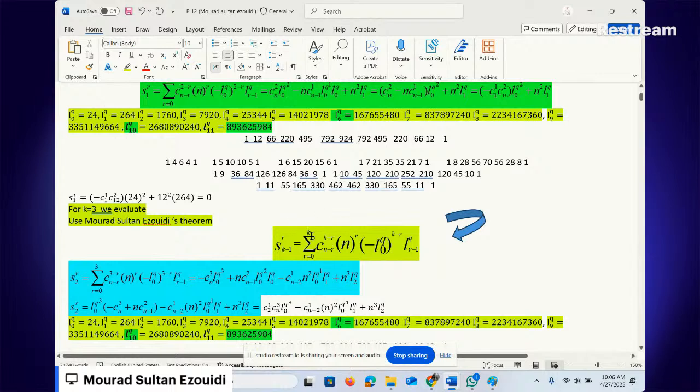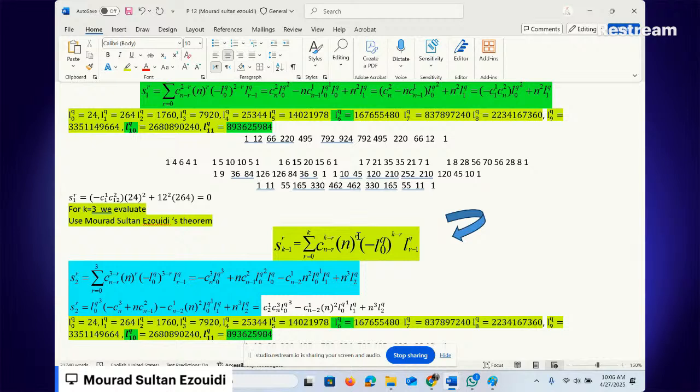Now dive again into the structure. S_{k-1} of r equals the sum from 0 to k of combination n minus r choose k minus r, n raised to the power r between parentheses, negative 0.42 raised to the power k minus r times r minus 1. So those who have a smart mind and are interested in mathematics, in mastering the solution for n-degree polynomial equations, this is your time.